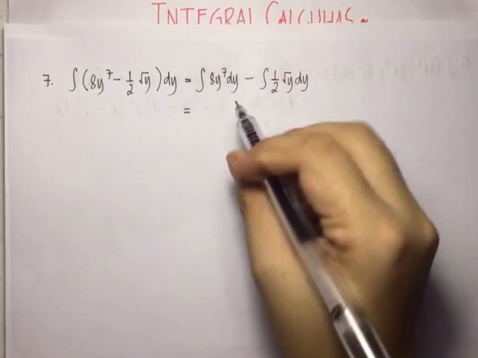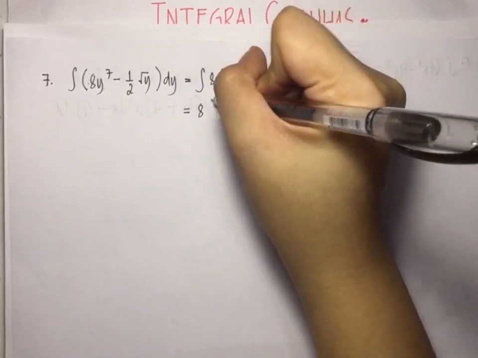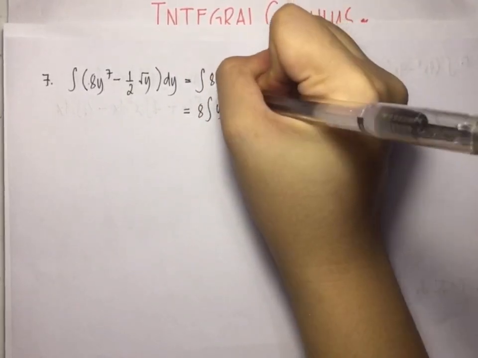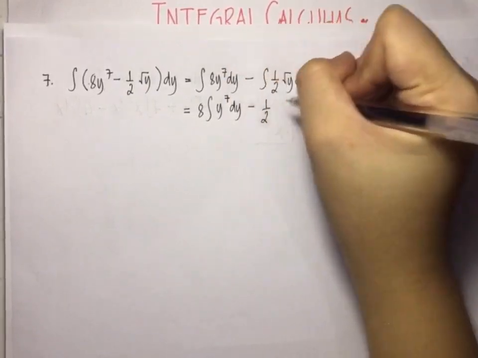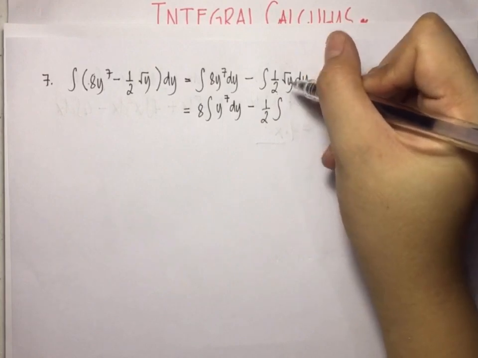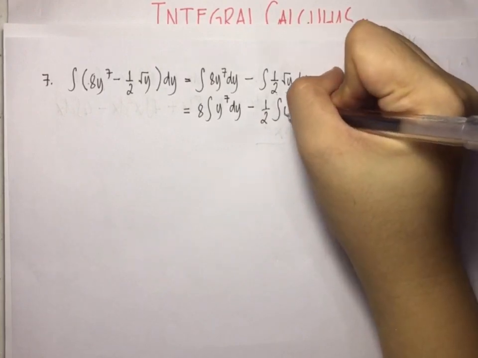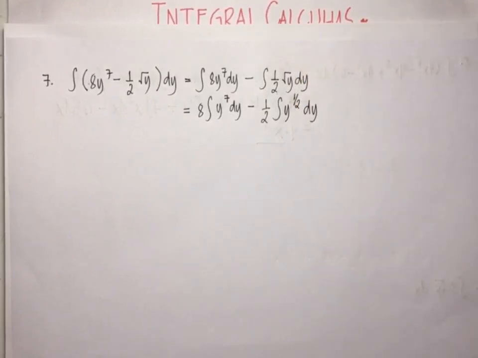Next, take the constants out of the integral. So we have 8 times the integral of y raised to 7 dy minus 1/2 times the integral of, change square root of y into its power form, so it will become y raised to 1/2 times dy.